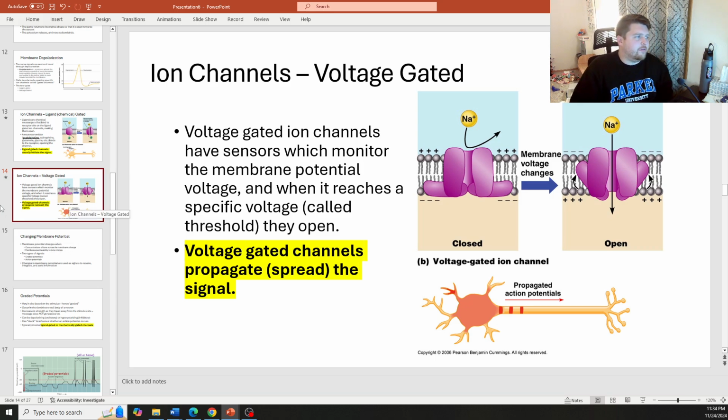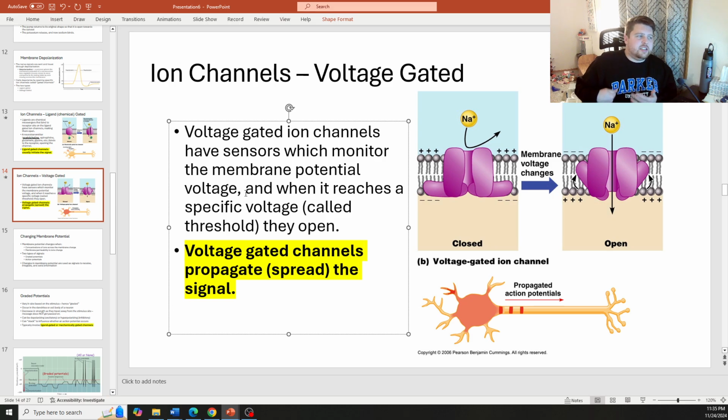Next, we have voltage-gated. These voltage-gated ion channels have special sensors that monitor the membrane potential voltage. So it's checking the difference in voltage from outside of the cell compared to inside of the cell.